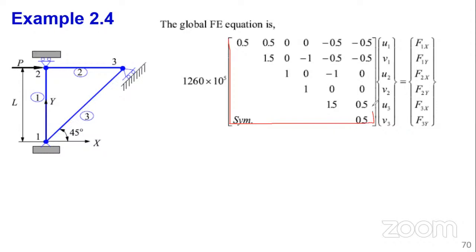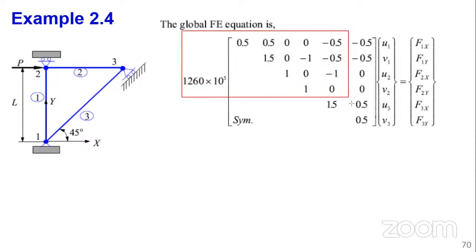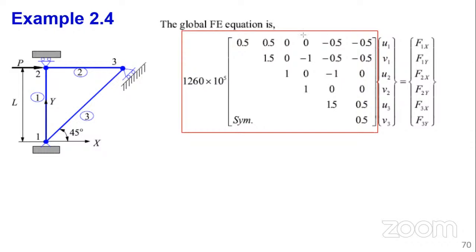You should be able to get this. This is the global stiffness matrix for the overall structure. So this is your K global. Of course, this means it's symmetrical.